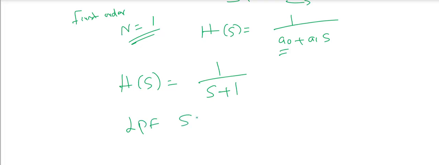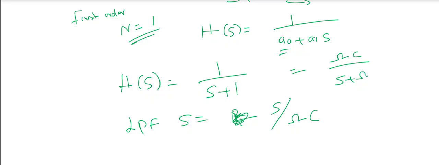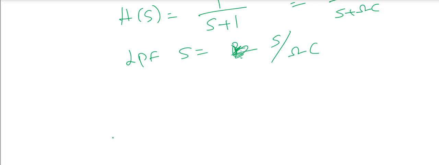Okay, single pole system, the normalized transfer function is 1 by s plus 1. For frequency denormalization of a low pass filter, put s is equal to s by omega c. We will get h of s equal to omega c by s plus omega c. So the 3 dB bandwidth is given. So omega c is equal to 2 by T tan of omega by 2. What is T?